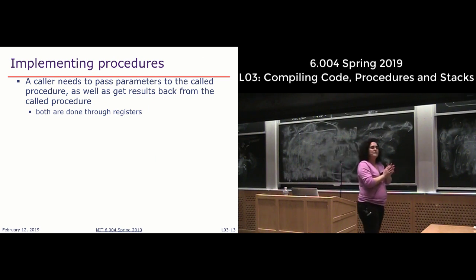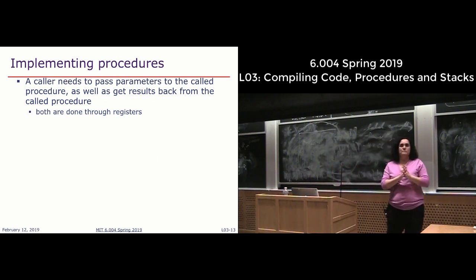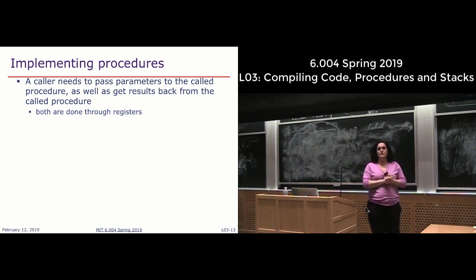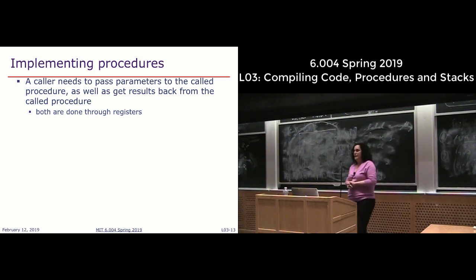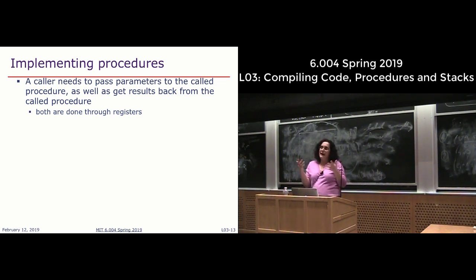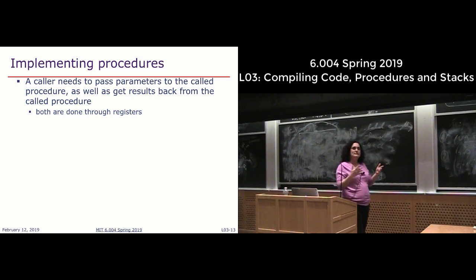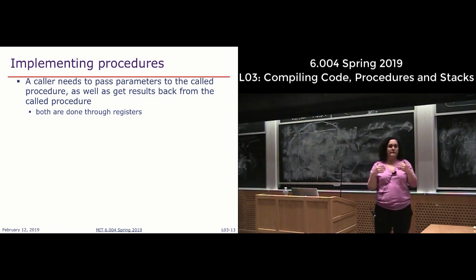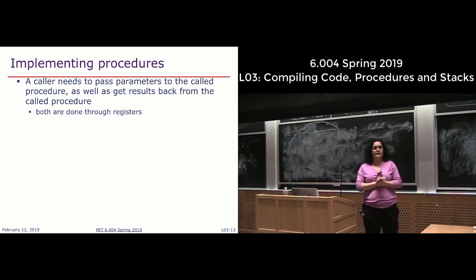Okay, now there are a couple other issues, other than making sure that we don't overwrite each other's registers, that we need to think about when we're implementing procedures. So in order to pass the arguments to the procedure that we're calling, we can follow a convention that we simply do this through registers.